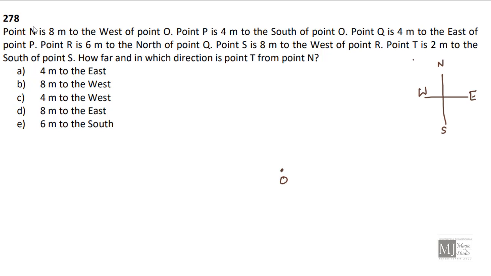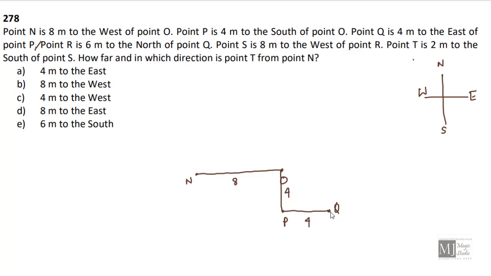We have point O. N is 8 meters to the west of O. P is 4 meters to the south of O. So from O, this should be P towards the south, 4. Q is 4 meters to the east of P. P is here, east is here, Q, 4.